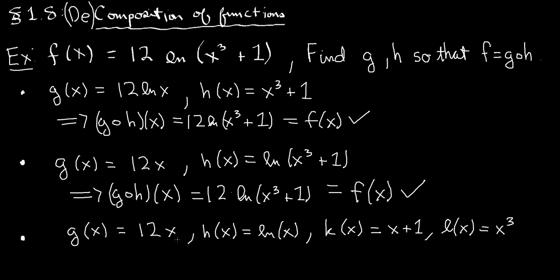But again, that's just f. And so at the end of the day, we get that f is equal to the composition of g with h with k with l. So you see, it doesn't have to be two functions all the time. You could decompose it into more than two. So there are actually many ways of decomposing functions.